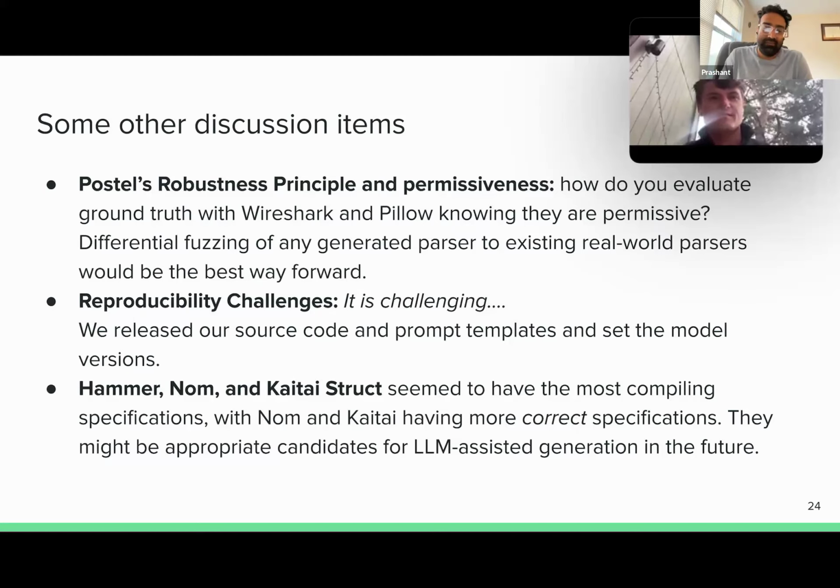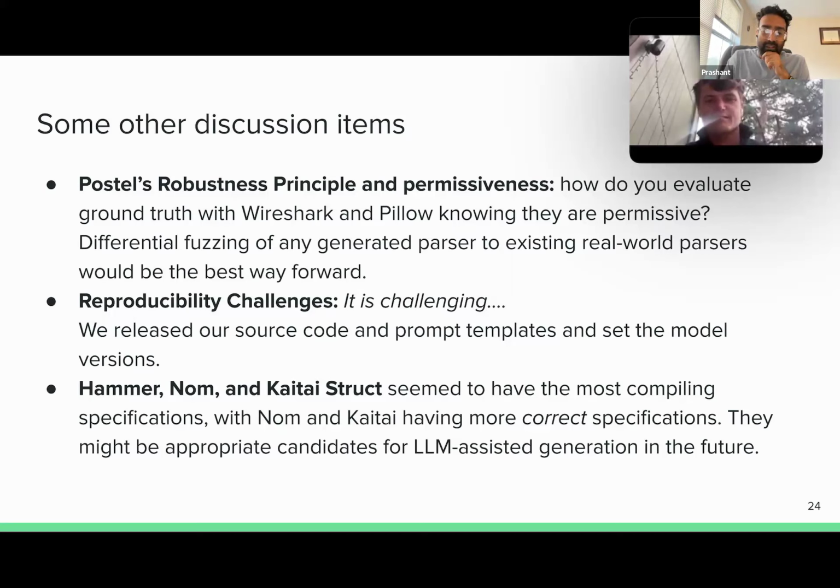The second one is, while we did release the prompt templates as well as the source code, and we set the model versions, and we ensured that all the sample specifications that we generated are available in our GitHub repo, there are still reproducibility challenges. Even if you just ran the same experiment a bunch of times, there are still some variations. That's just the nature of using LLMs to do a lot of this work.